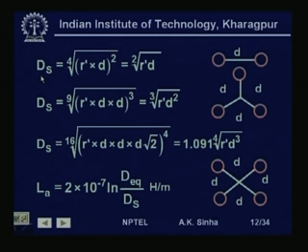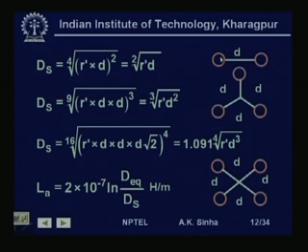So, if we look at this 2 conductor configuration, a bundle with 2 conductors, then Ds will be equal to, taking all the distances, its own distance from itself will be r dash, then its distance from this conductor will be d, then the distance of this conductor with itself will be r dash, and distance of this conductor with this will be d.